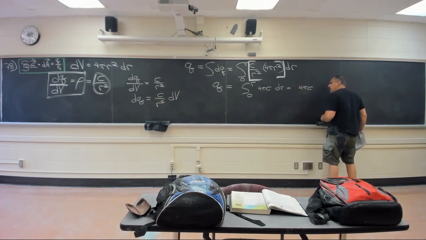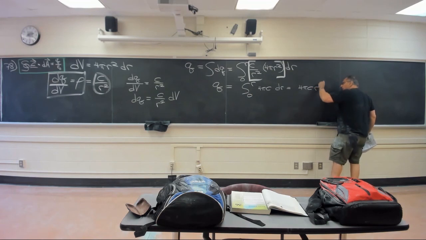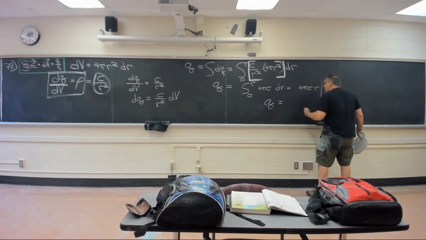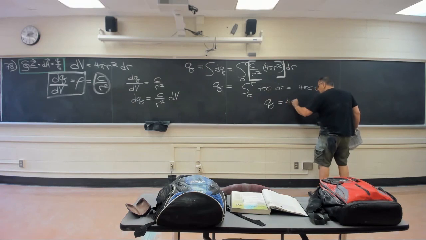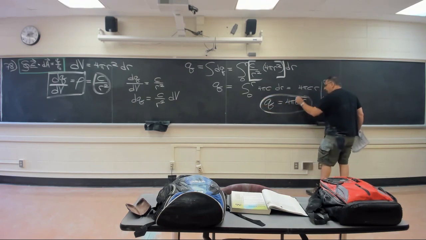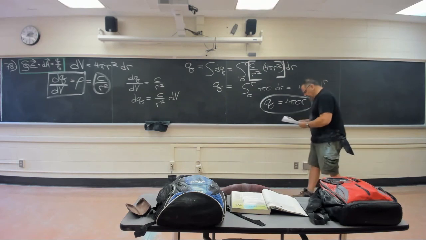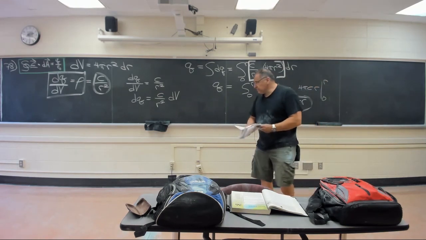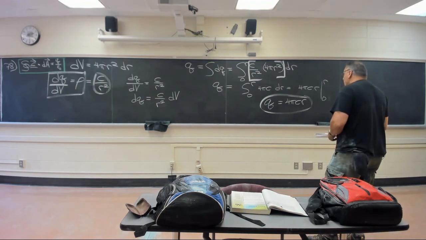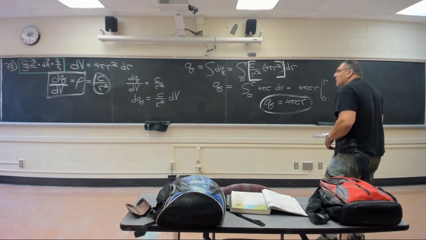The bottom limit is 0, put the r here. The amount of q that's present is 4 pi c r, and the more you move with r, the more you've got present. True. That's q.